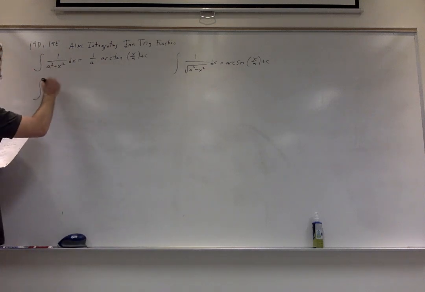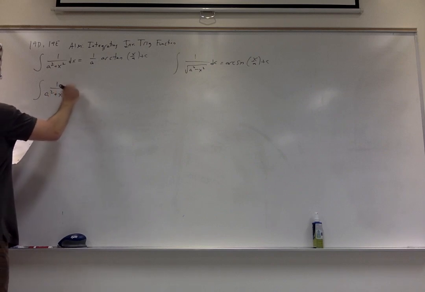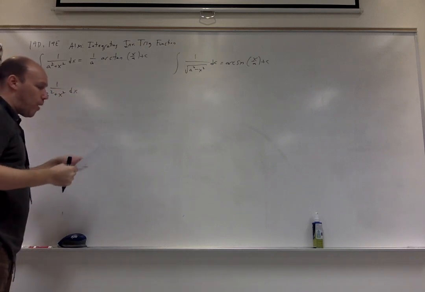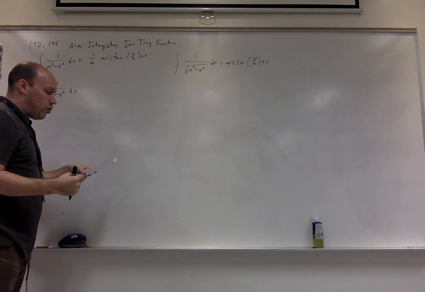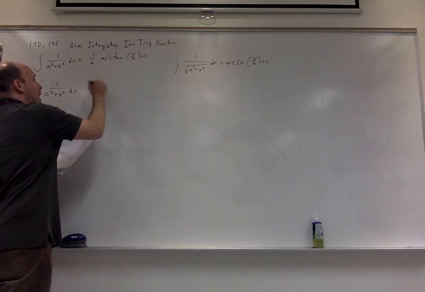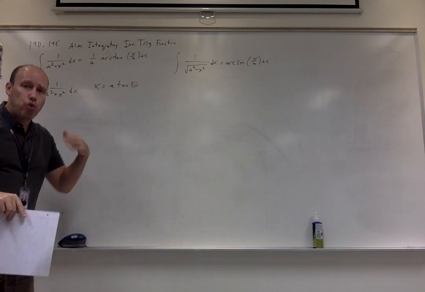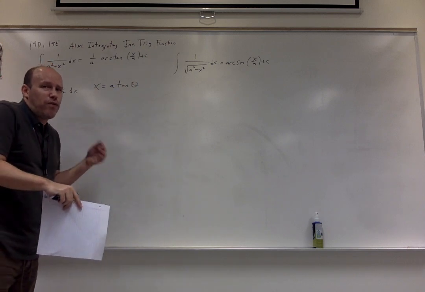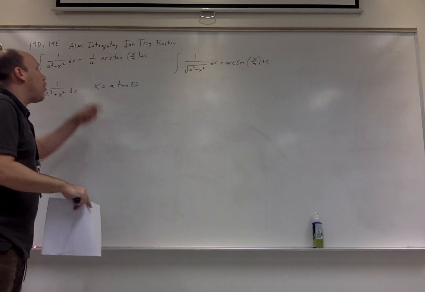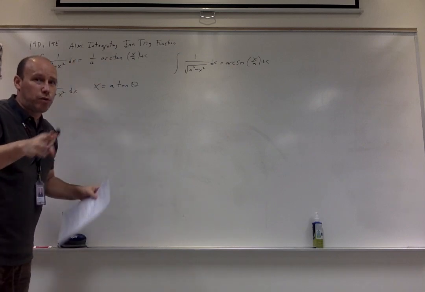So we have the integral of 1 over a squared plus x squared dx. For this one, the way we're going to figure this out is we're going to let x equals a tan theta. You don't have to memorize this. You should know it. It'll help you a little bit if you get caught up. And you'll know it from the formula book and where the substitution came from.